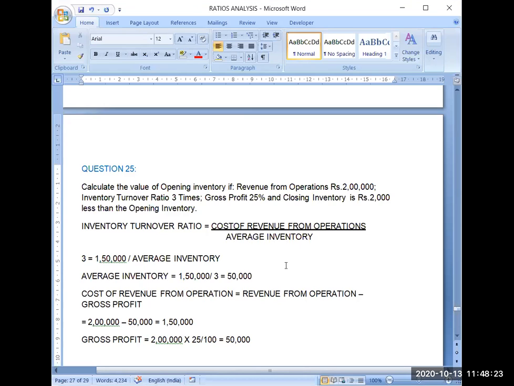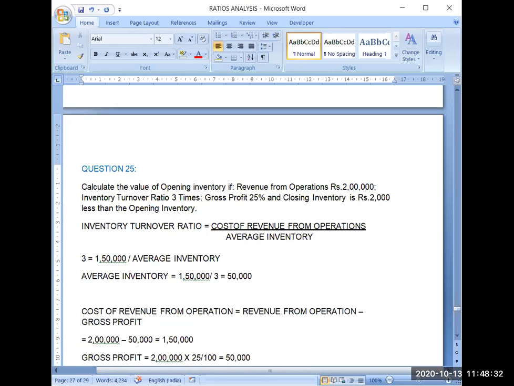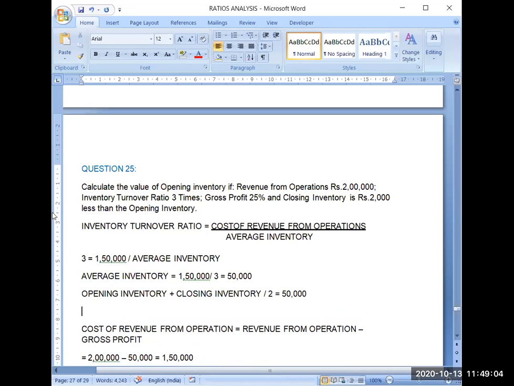Now moving further, I can convert it into more equation. I can write the formula of average inventory instead of writing average inventory here now. So opening inventory plus closing inventory divided by 2 is equal to 50,000. So now practically what will happen?